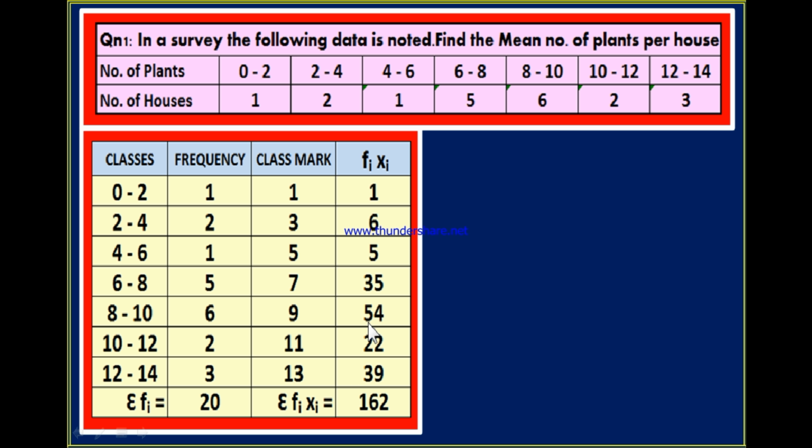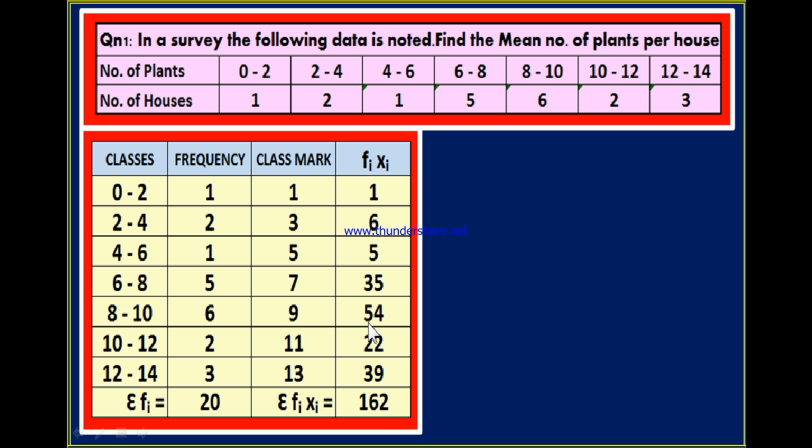In direct method we find the product between frequency and class mark. If the class mark is big or if the frequency is big, then it is difficult to find the product, and finally it is difficult to find the division also. In such cases, it is better to go for step deviation method or deviation method. Now, this question can be solved using step deviation method in a very simple mode.